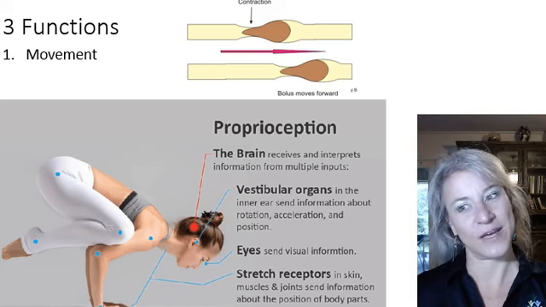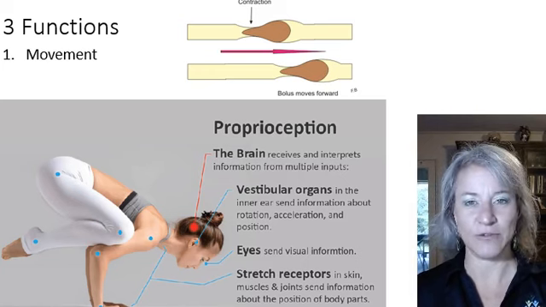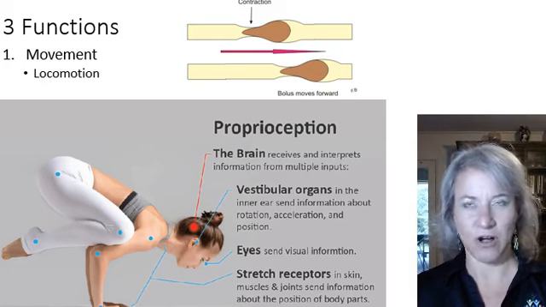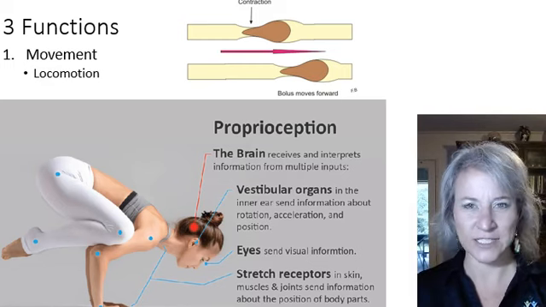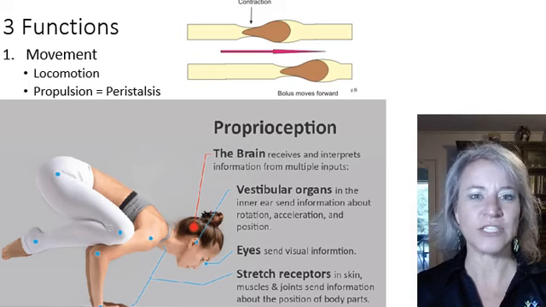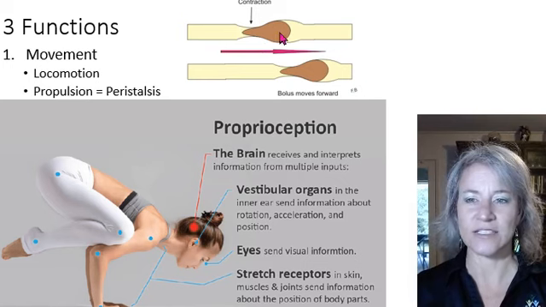So one of them is to allow for movement, to bring about contraction. There are 2 types of movement. There's locomotion, which is walking, talking, running, jumping, and propulsion. Propulsion is a long rolling contraction, like this little diagram here.